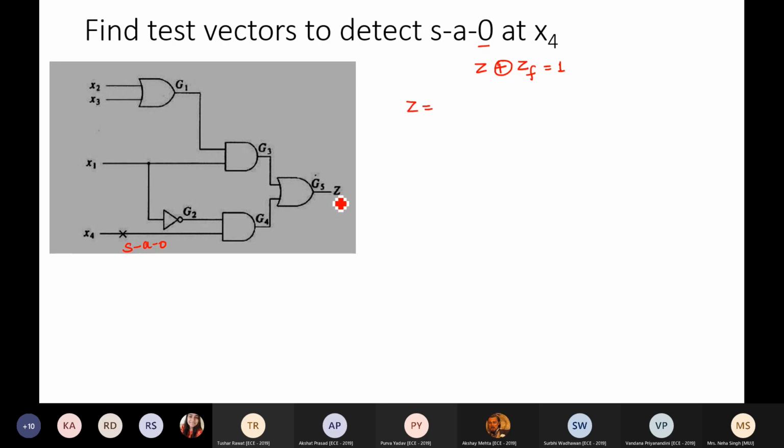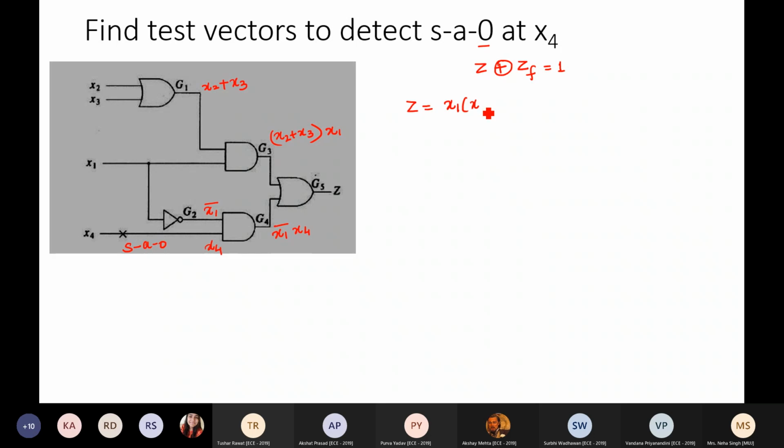Z is your output. The output would be given as, here it would be x2 plus x3, x2 plus x3 into x1. Here I have x1 bar, x4. So here I get x1 bar, x4. So what is the final value of Z?